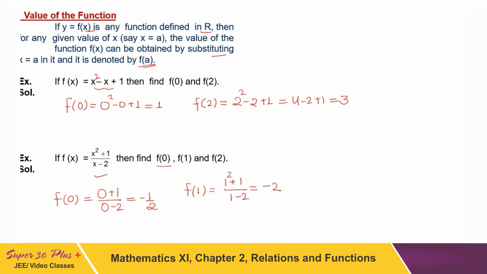And what is f(2)? f(2) will be (2 square plus 1) upon (2 minus 2). It does not exist, or you can say not defined. So the value of a function can be obtained by substituting the value of x in the given function.